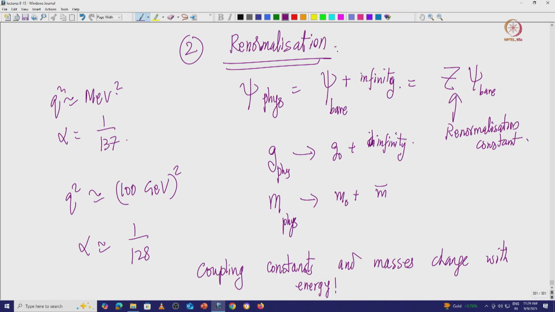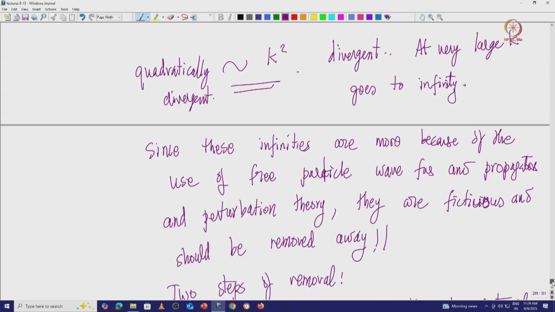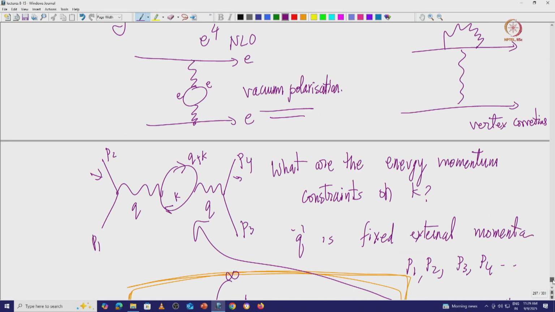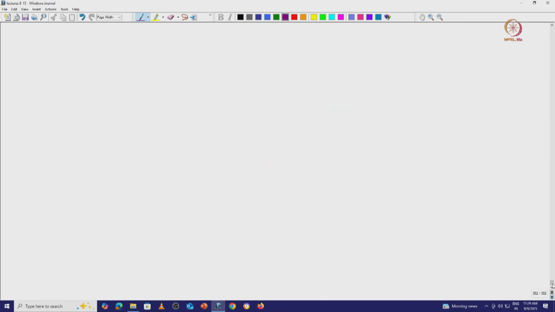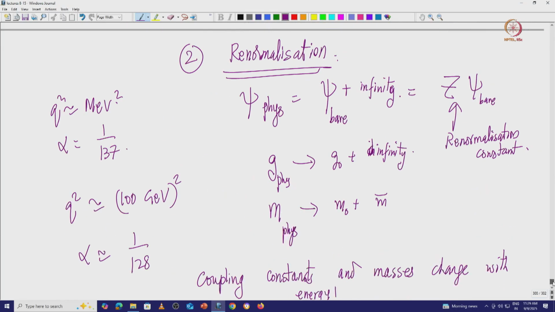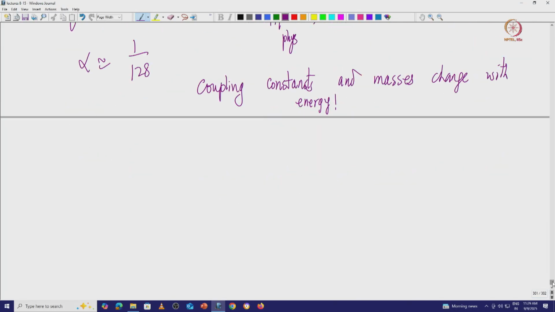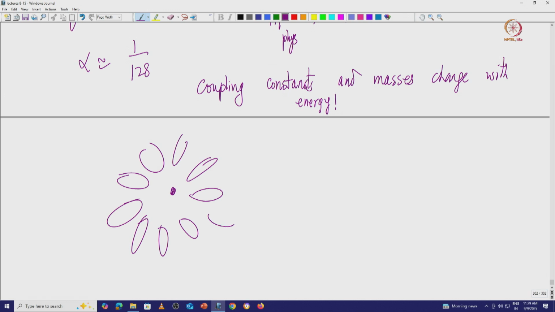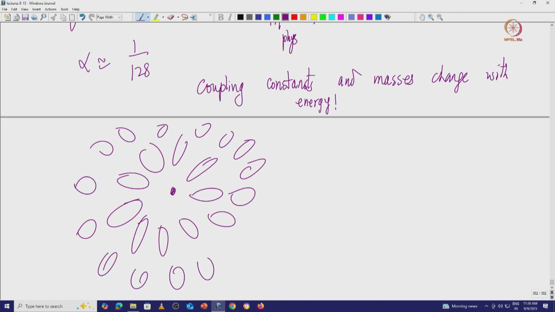But what is happening is, as the energy of the probe increases, because here the Q square is increasing, you produce a lot more electron positron pairs around the particle, and so you see the effective charge increasing.